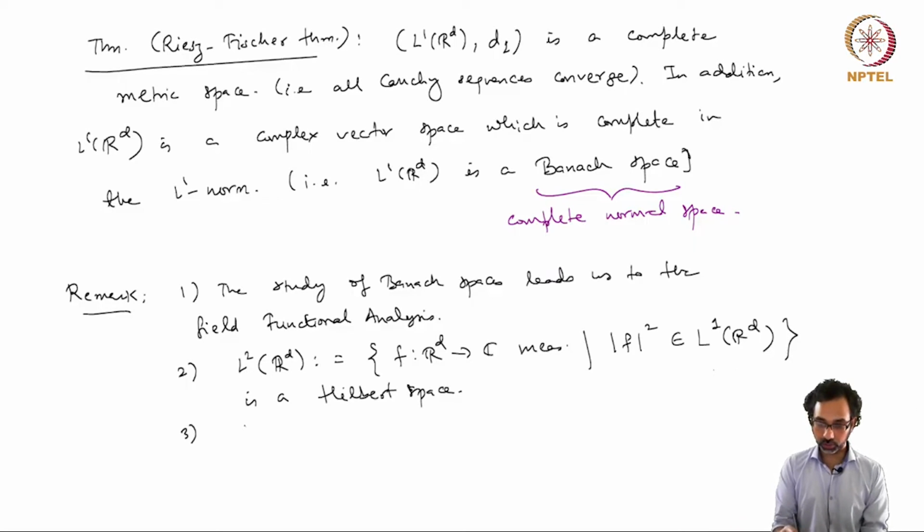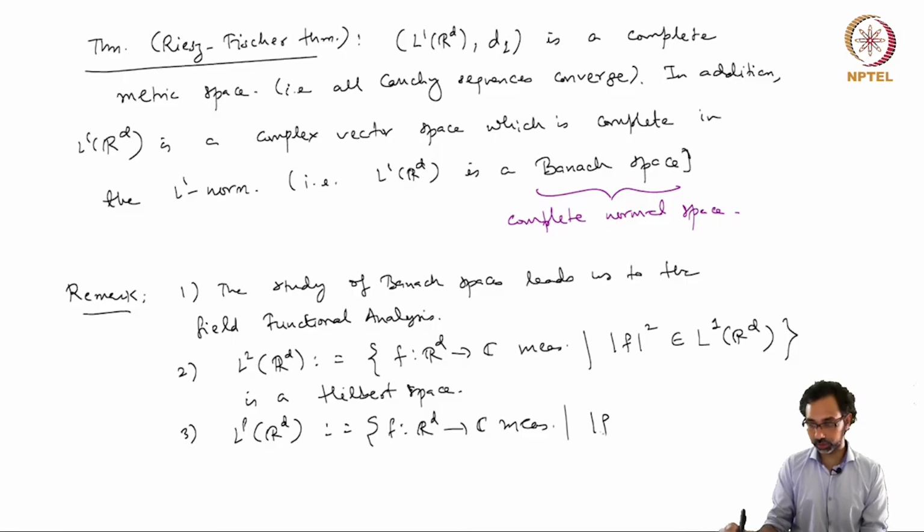We can also define L^p of R^d, which is the same class of complex measurable functions such that the pth power is integrable, where p is a real number greater than or equal to 1, and this is also a Banach space.